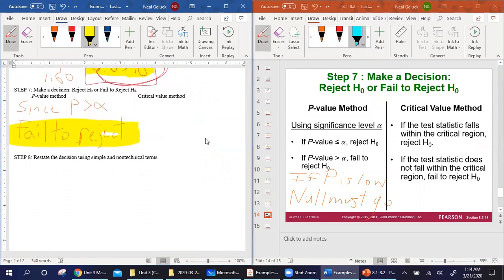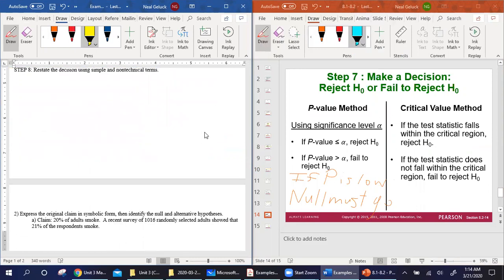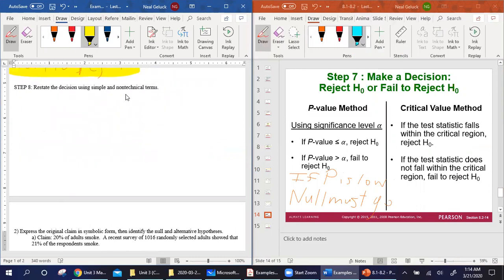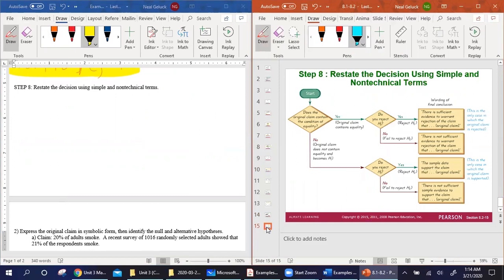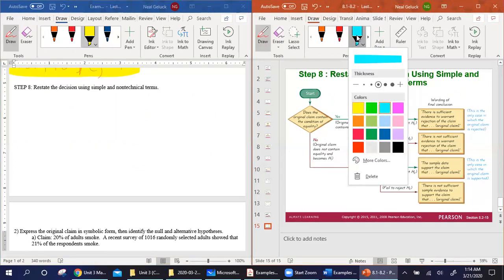Step 8. Now on step 8, it says simple and non-technical terms. They're not necessarily simple and non-technical, but we're going to follow a different flow chart here, which is also printed in your green packet, and we're going to be using this chart several times. Now we finally state our conclusion.